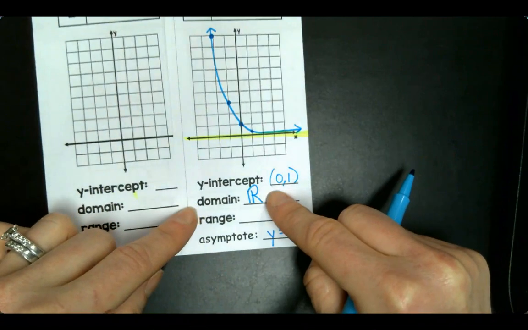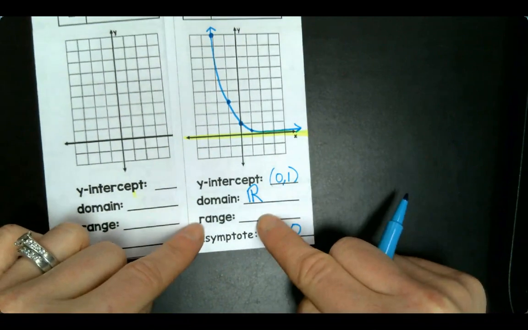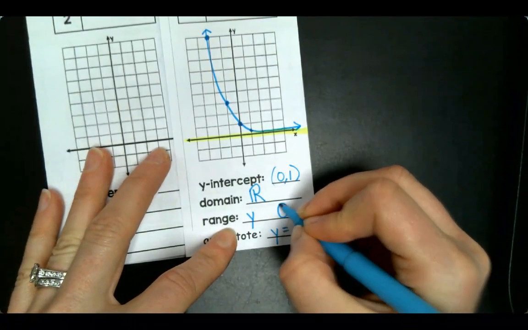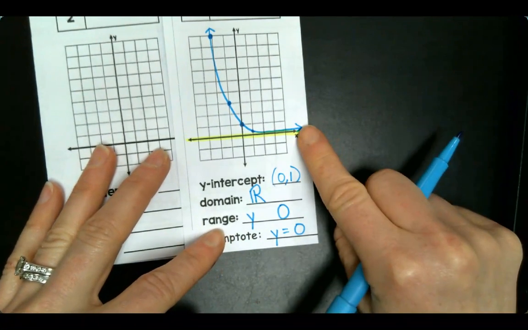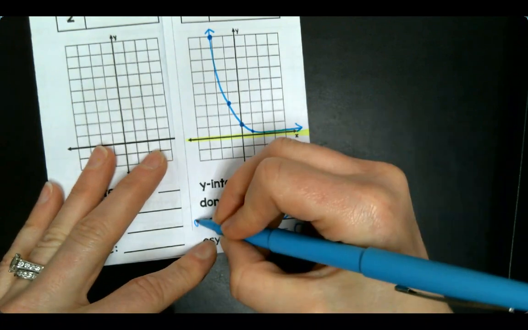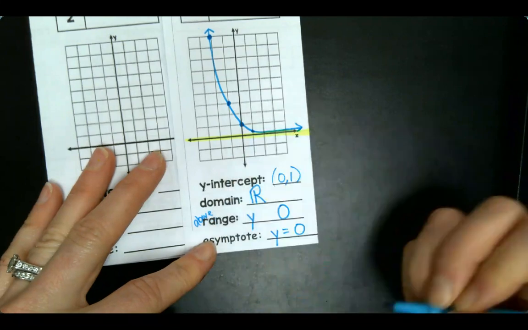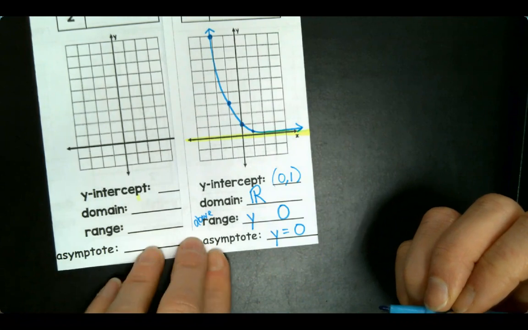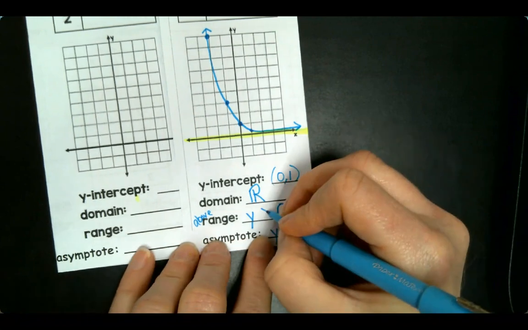Therefore, it's always all real numbers. The range, it's going to be y is something 0. So is this above or below 0? So go ahead and write above. What inequality represents above? Less than or greater than? Greater than. So go ahead and put greater than.